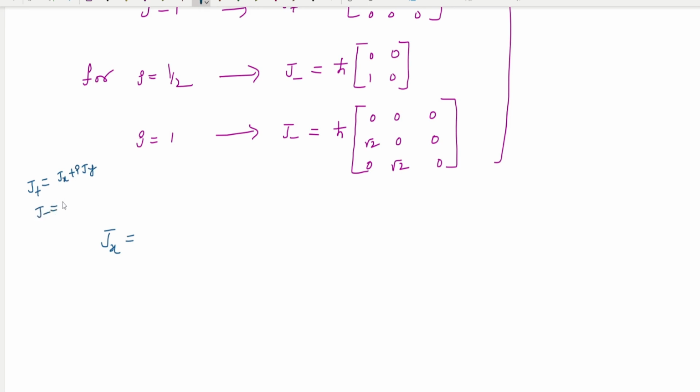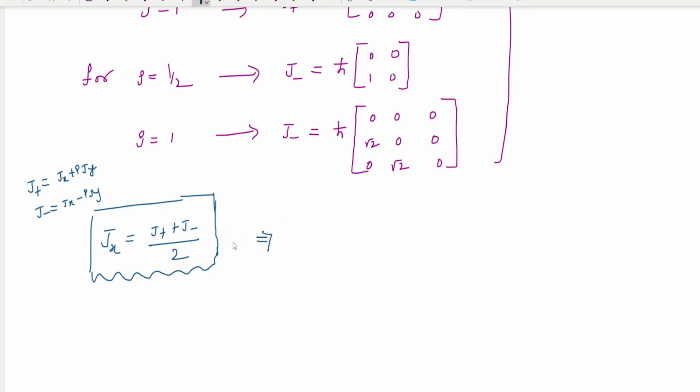And j minus is jx minus i jy. We add these, and then you can easily get j plus plus j minus divided by 2. This is the jx matrix. You don't have to try different types of x elements and eigenvalues. Just combine j plus and j minus, and you can get the answer easily.